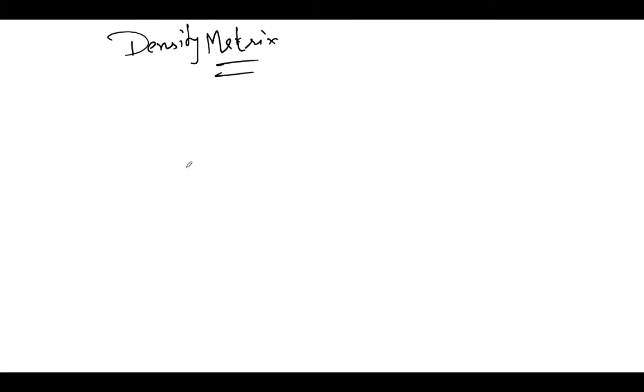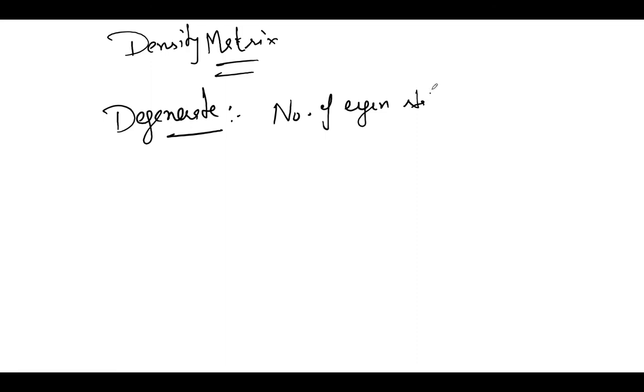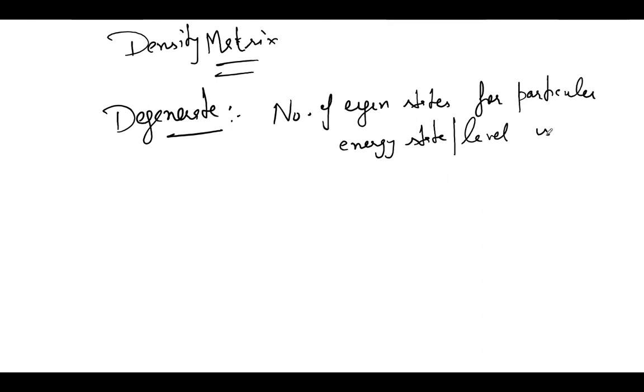So in the degenerate cases, the number of eigenstates for the particular energy state or level is called the degeneracy of that state.